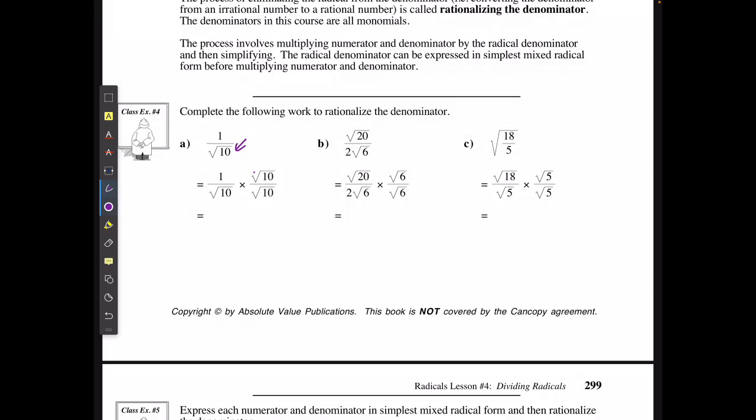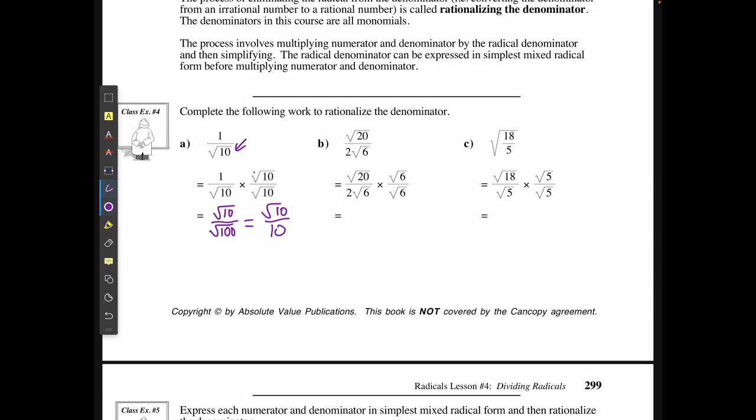But then if I have root 10 divided by root 10, this would be the same as root 10 on the top and the square root of 100 on the bottom. Well, the square root of 100, or the square root of 10 squared, is just going to be 10. And I don't have it in the denominator anymore.